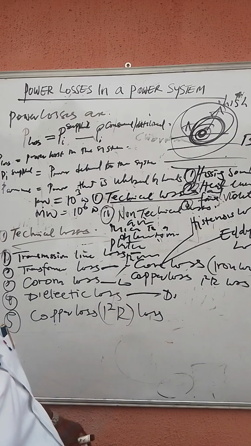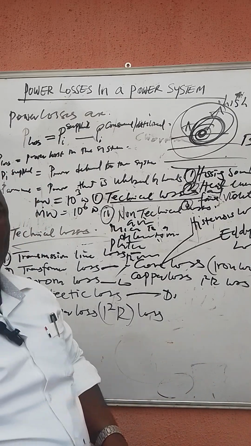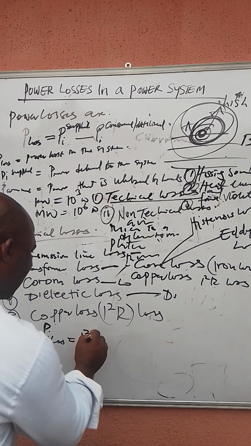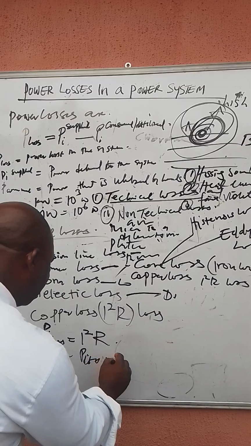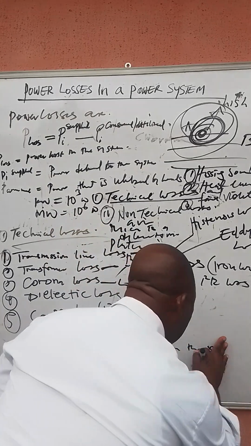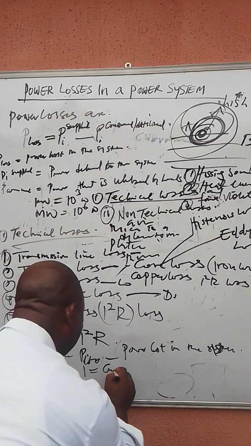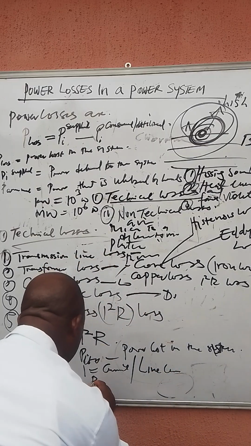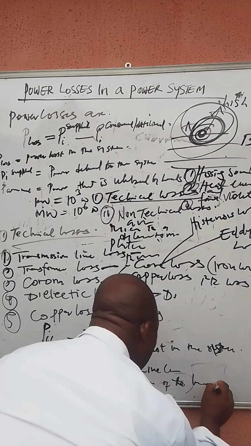Now we have copper loss. This copper loss is the normal loss that occurs in our conductors, and we have it like P loss is equal to I squared R, where P loss is equal to power lost in the system, I is the current, or line current, and R is equal to the resistance of the line.